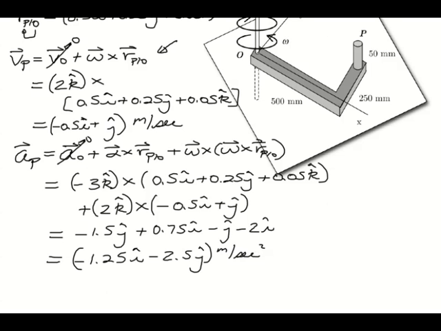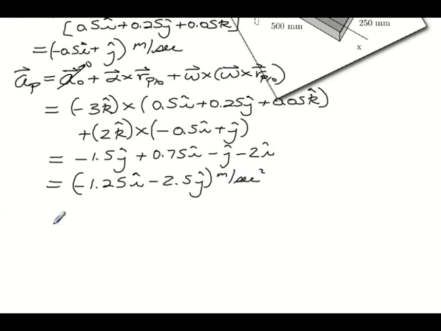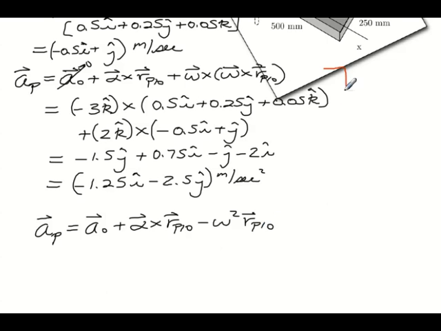One thing to note though, let me write down an alternate form of the equation we have and will continue to use this semester, is the acceleration equation written in this form. Compare that with the one that I actually used right here.